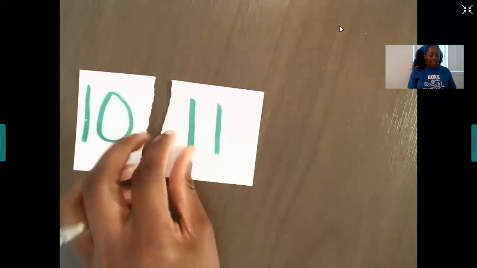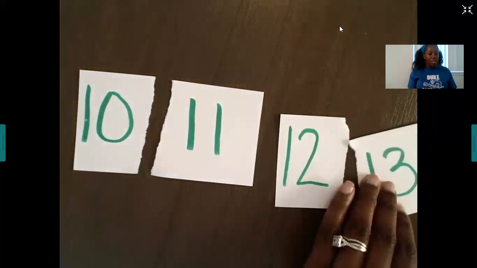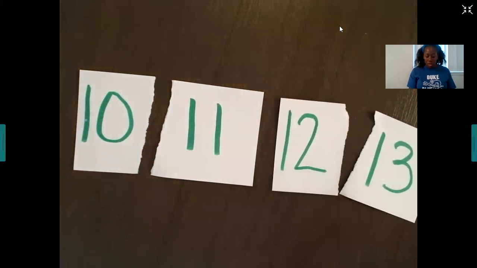You should all have your little cards cut out now with your numbers on it, 10 through 20, like we had talked about earlier. Go ahead and get them out. Put your numbers in order for me with 10, 11, 12, 13.